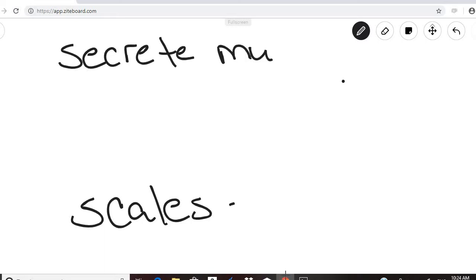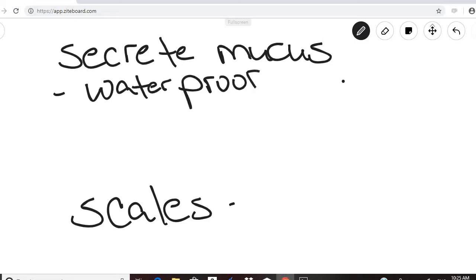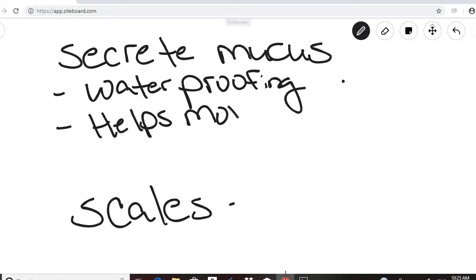And that mucus does several things. One is that it provides some waterproofing. It also helps them move in the water, so it kind of reduces drag.